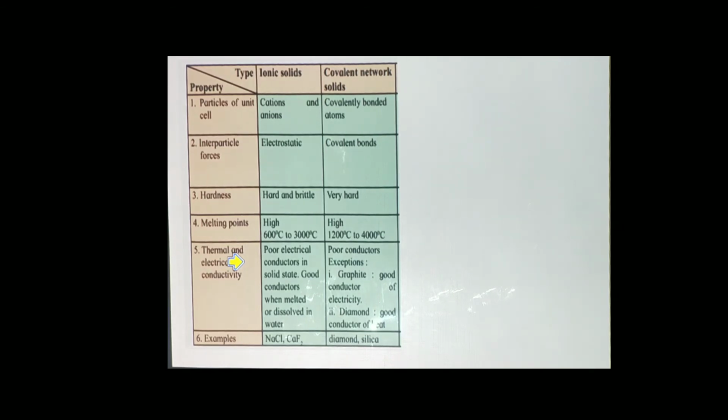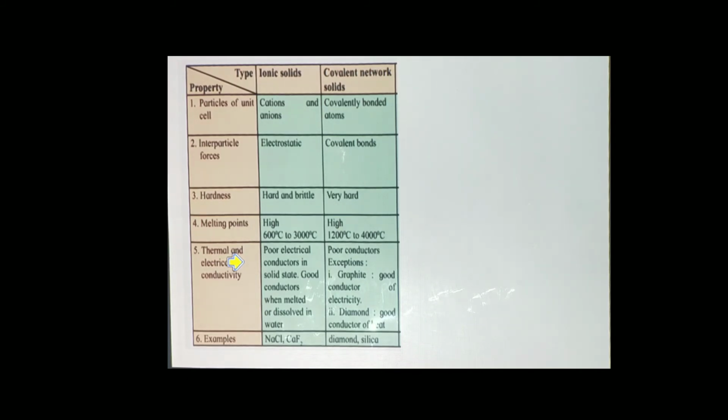It has delocalized electrons, and these delocalized electrons can conduct electricity. Diamond is a good conductor of heat. Examples of such covalent network solids are graphite, diamond, and silica.